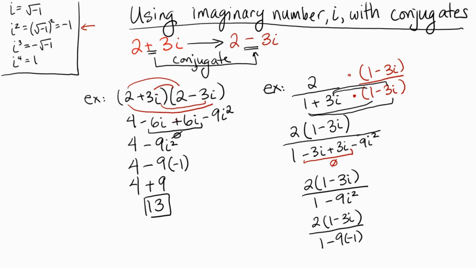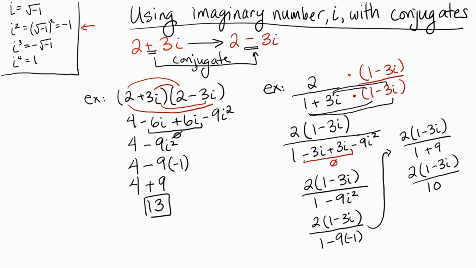Negative 9 times negative 1 is positive 9. So we're going to do 1 plus 9. So it's 2 times 1 minus 3i over 10.